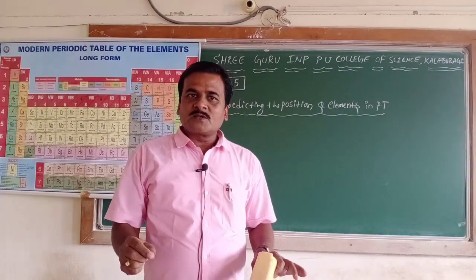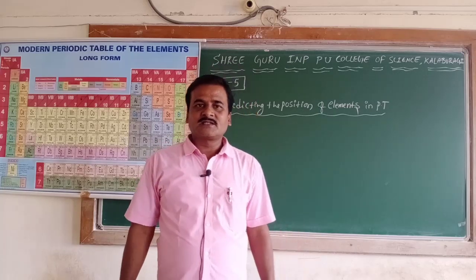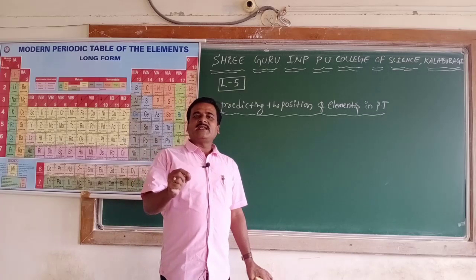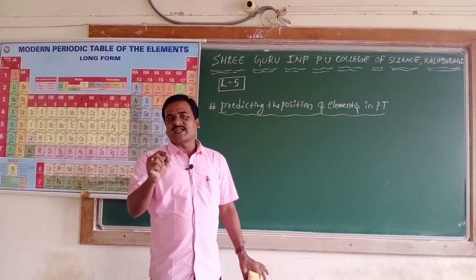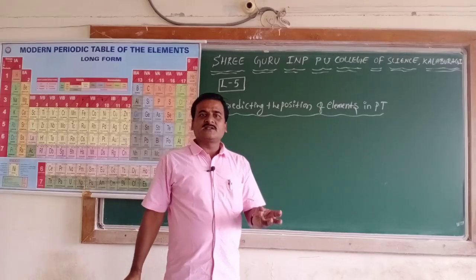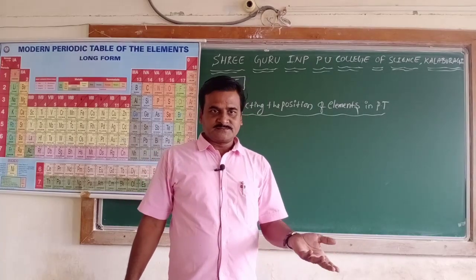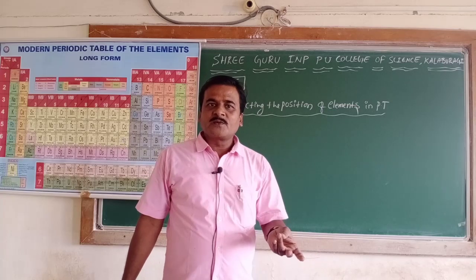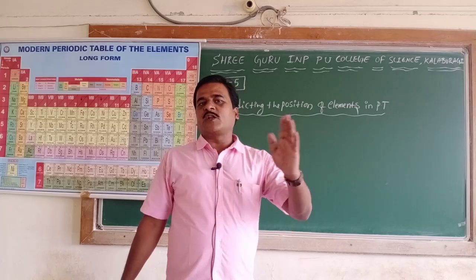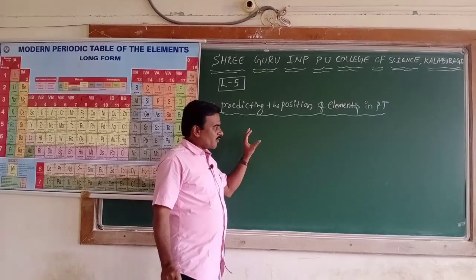The group, the block and the period to which a particular element belongs can be identified with the following guidelines. I repeat, the period of the element, the block to which it belongs, and the group to which it belongs can be identified with the following guidelines.